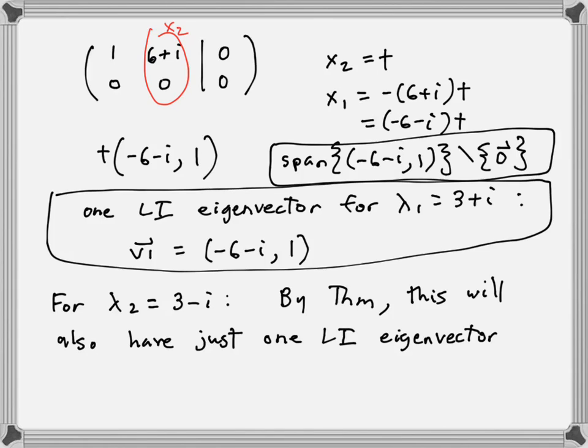We're going to call that V2, and that's just going to be V1 bar. You take the complex conjugate of V1, so negative 6 minus i becomes negative 6 plus i. You just flip the sign of the imaginary part, and because 1 is a real number, there is no imaginary part. It's just going to be a 1. So that's it. One linearly independent eigenvector.